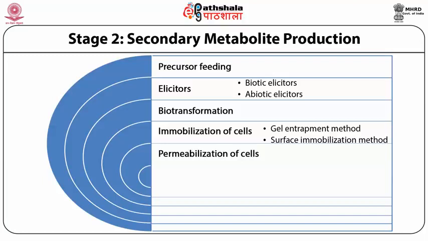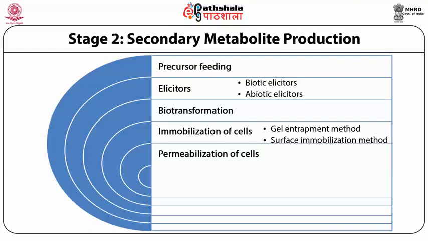It is also important because the continuous removal of secondary metabolites from the medium increases productivity and allows repeated use of the culture. In permeabilization, using different agents, we make the surface more porous or permeable so that the secondary metabolites are released into the culture medium. Now, this permeability can also be reversed.